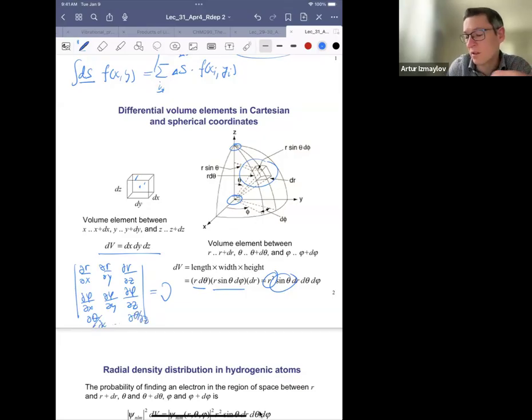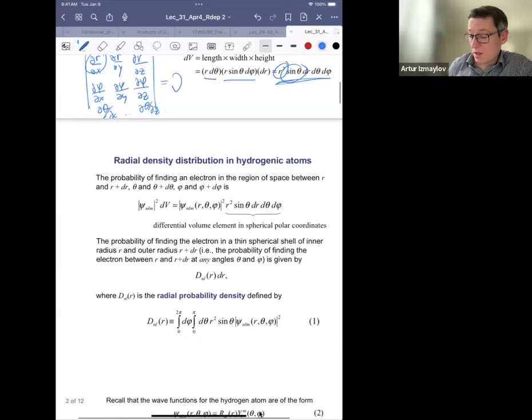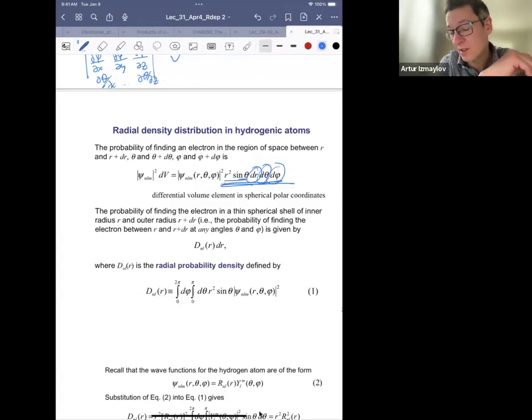So if you calculate this determinant of derivatives, you will get these expressions. So that's how they appear. But for us, we could just use them. And when we do the integration in the spherical coordinate system, it's not going to be just dr, d phi, and d theta, but there is also this r square sine theta element of the Jacobian, right?